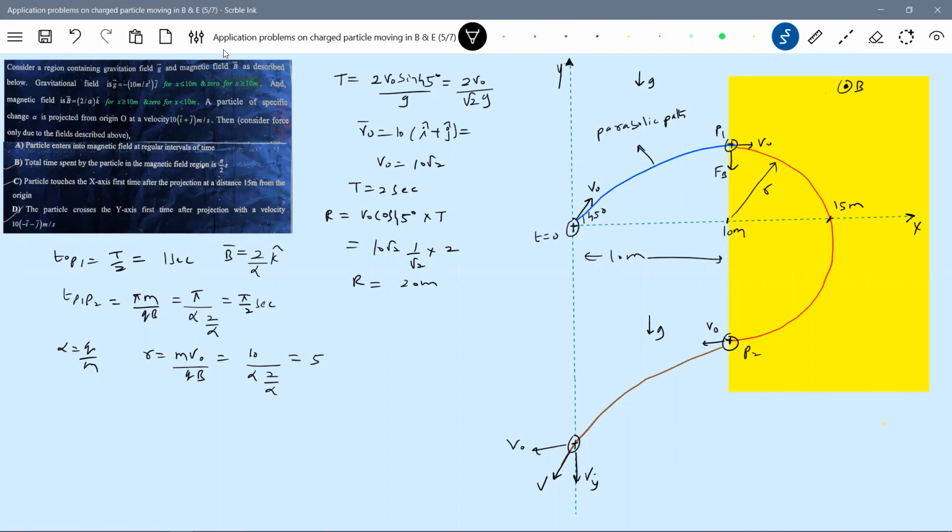So we know this horizontal distance is 10 meter. So we'll take P3. Time taken to move from P2 to P3 we will calculate. So t P2 P3 should be equal to distance by v naught, 10 by 10, 1 second. Then the y component of velocity vy should be equal to g t P2 P3, 10 into 1, 10 meter per second. So what will be the velocity vector? This should be equal to minus 10 i cap.